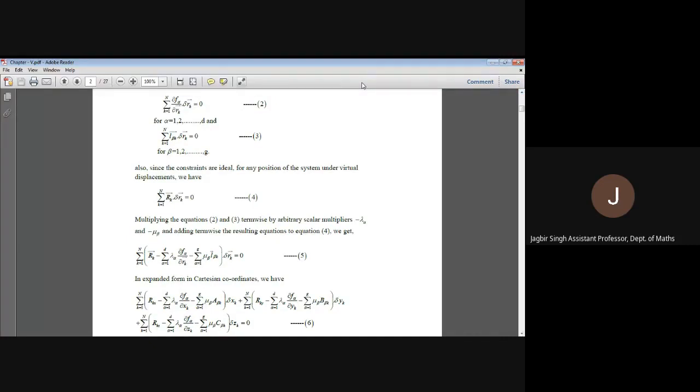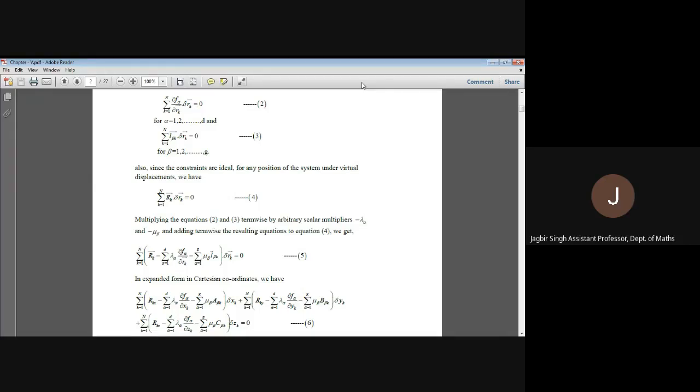Now, we are going to use the method of Lagrange multipliers. You discussed that method in mathematical analysis also. We are multiplying equation number 2 with minus lambda alpha and equation number 3 with minus mu beta, and then adding all these terms in equation number 4.